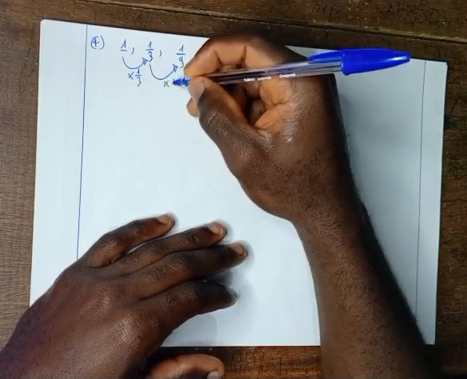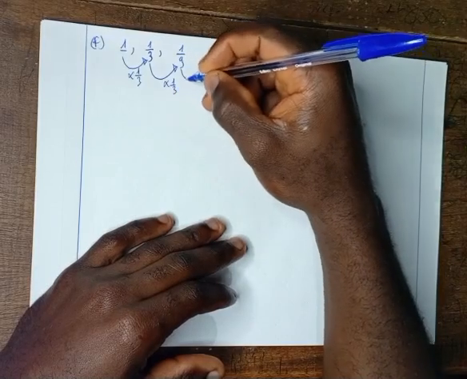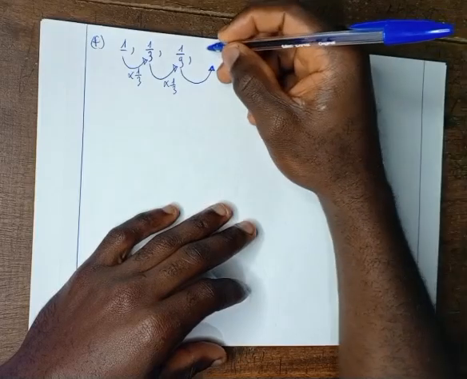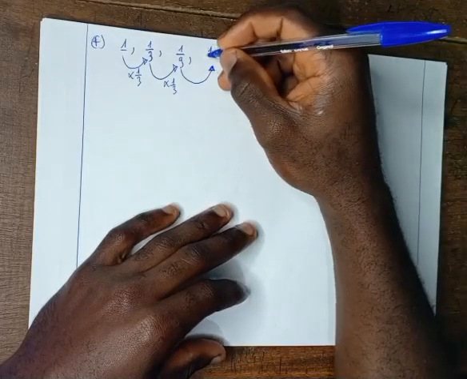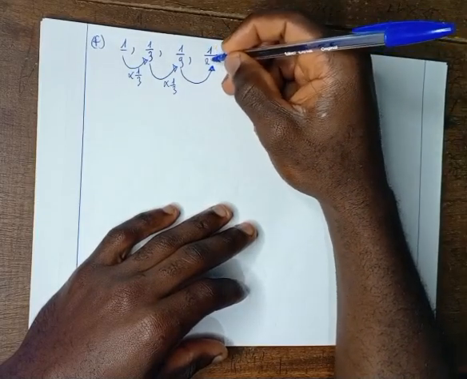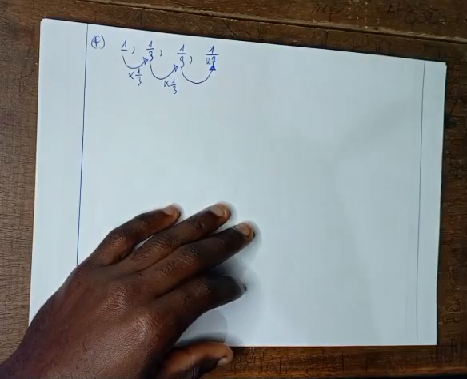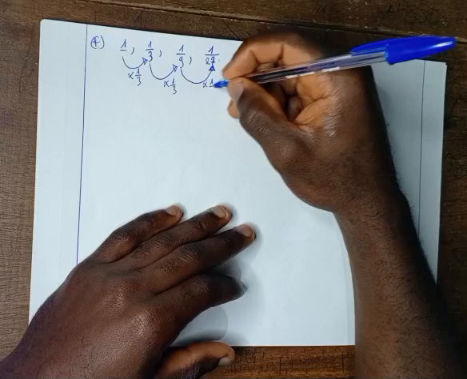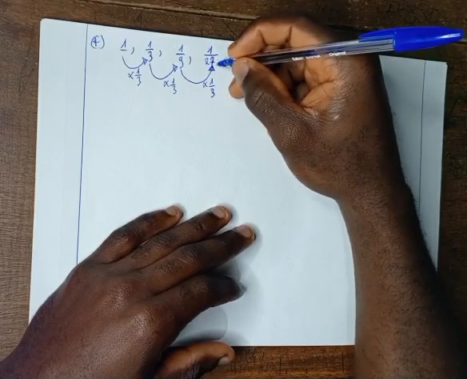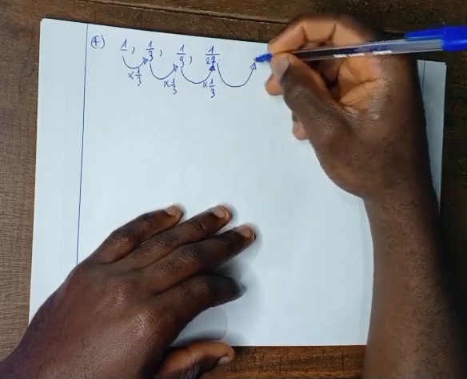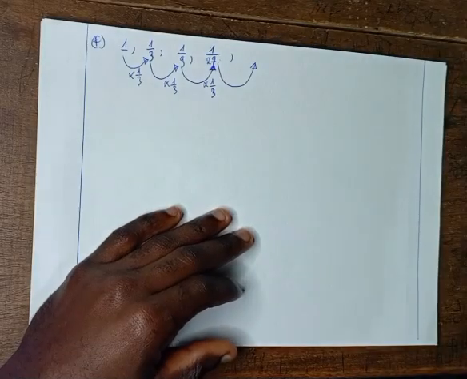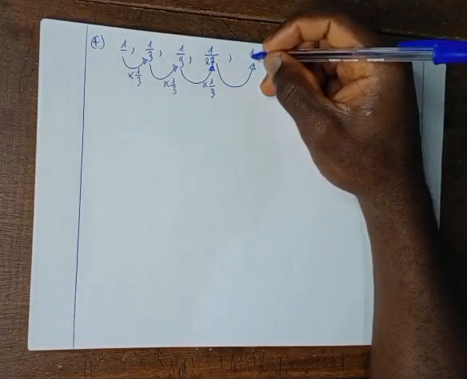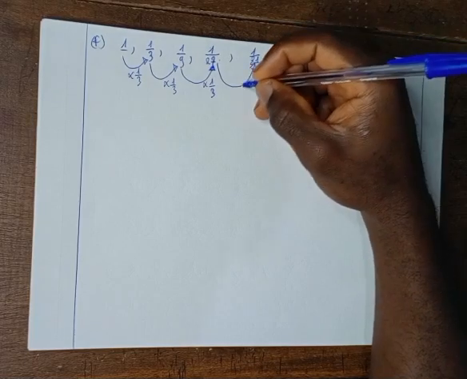So getting the next term, we are simply going to multiply 1/9 by 1/3, which gives us 1/27. Next, we need to multiply 1/27 by 1/3. This will give us 1/81.